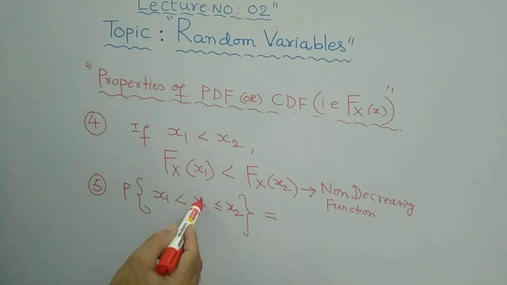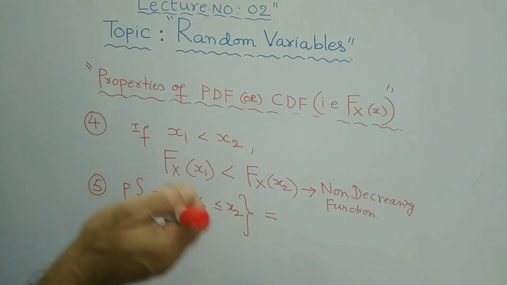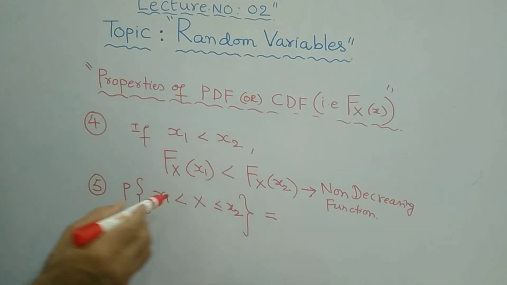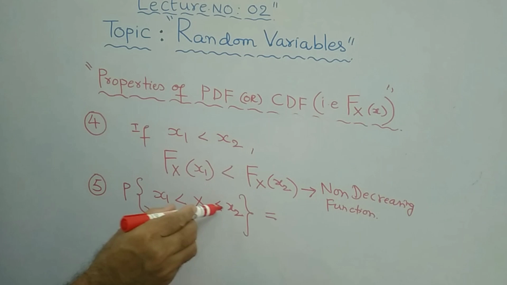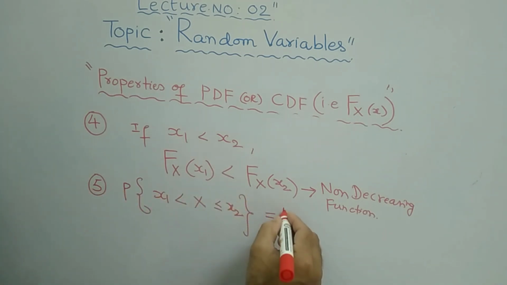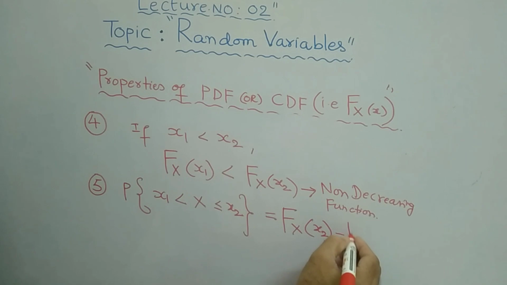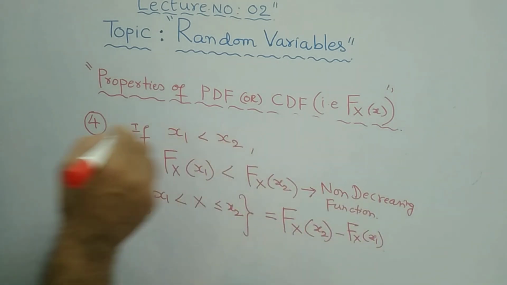In this event, the random variable X has possible values that lie between x1 and x2. Then the corresponding distribution function gives F_X of x2 minus F_X of x1. That is the meaning of it.